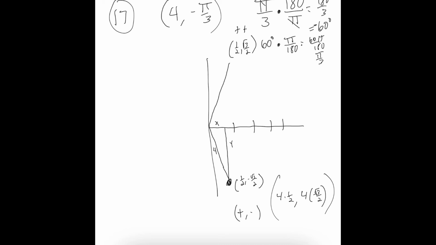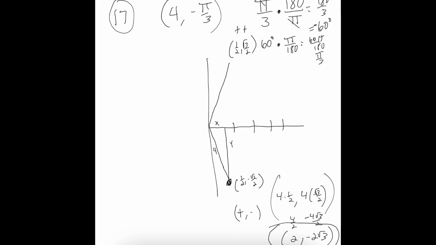So 4 times 1/2 is 4 over 2. That's 2. And 4 times negative root 3 over 2, that's negative 4 root 3 over 2. That's negative 2 root 3. So my answer on this question, the rectangular coordinates are 2 comma negative 2 root 3.